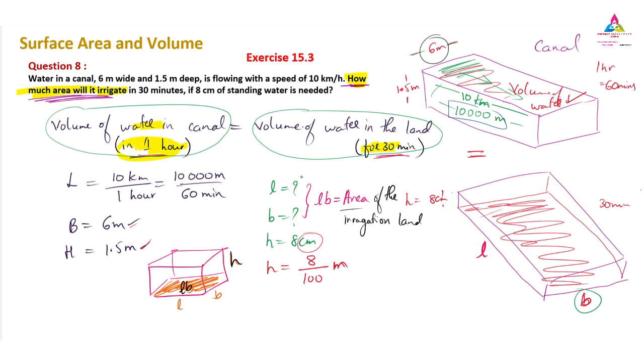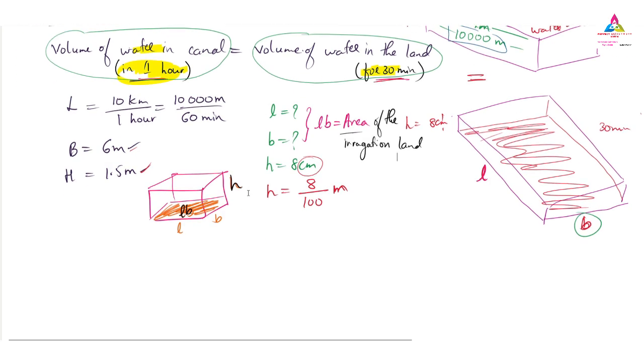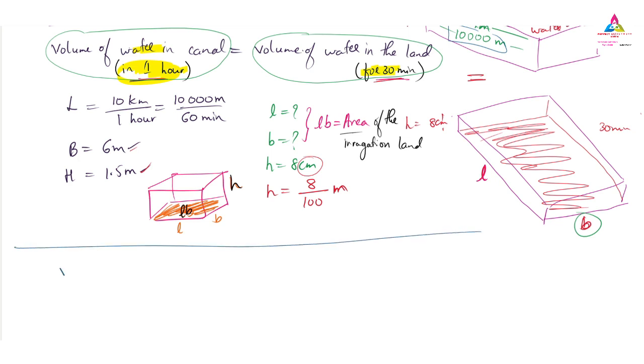So according to the formula, we will write on one side. Everything I have written is for your understanding purpose. Now let us solve the solution. So here I will write it down. Volume of water in canal for how much time?